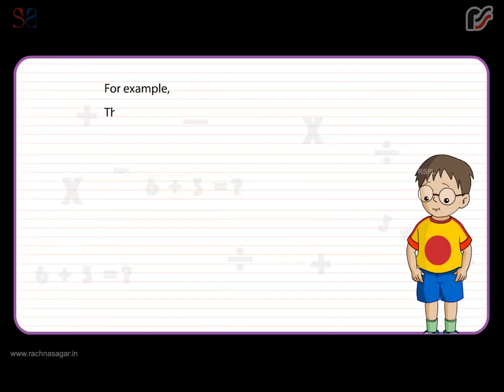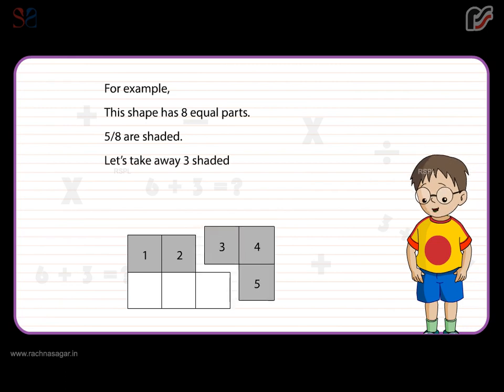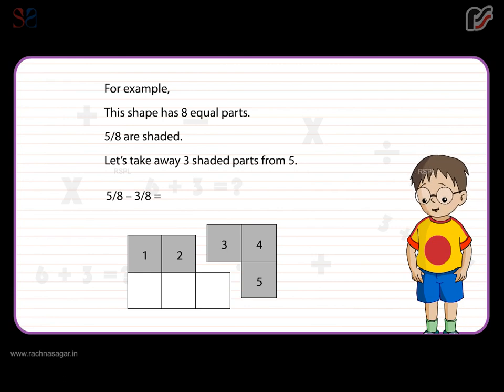For example, this shape has 8 equal parts. 5 of the 8 are shaded. Let's take away 3 shaded parts from 5. 5/8 minus 3/8 is equal to 5 minus 3 whole divided by 8, which is equal to 2/8.